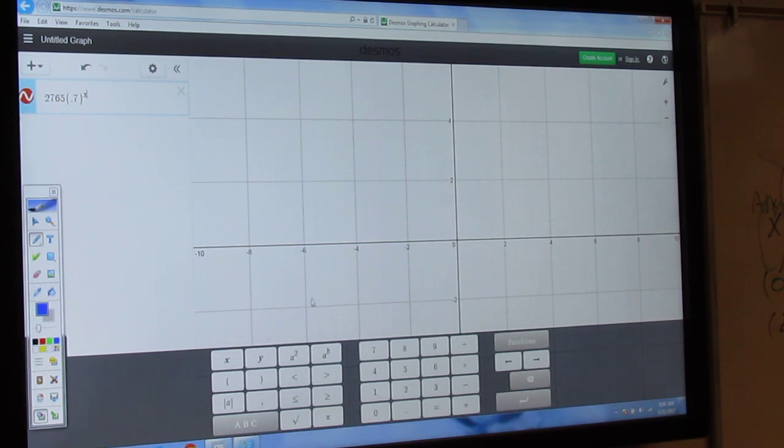Oh, and we need to say that y is equal to this. Do I need to put times here? What's wrong? Why isn't it graphing?